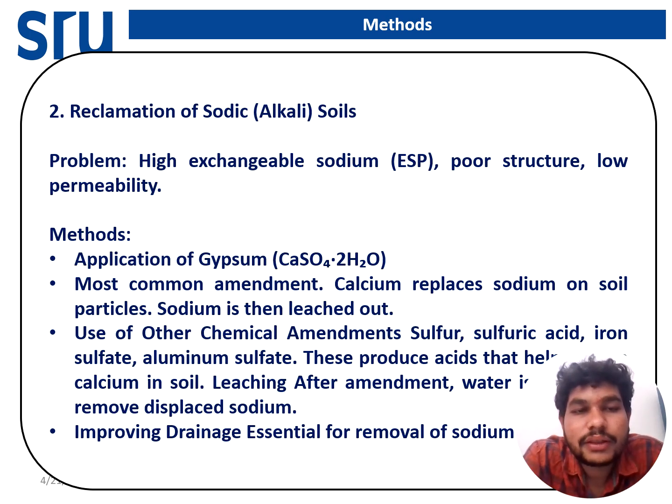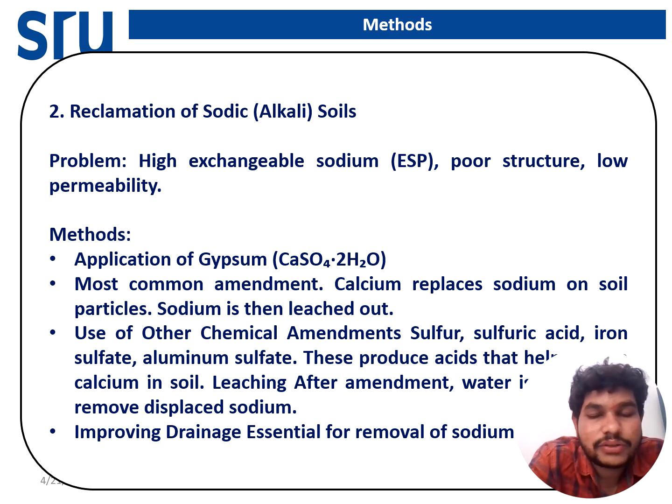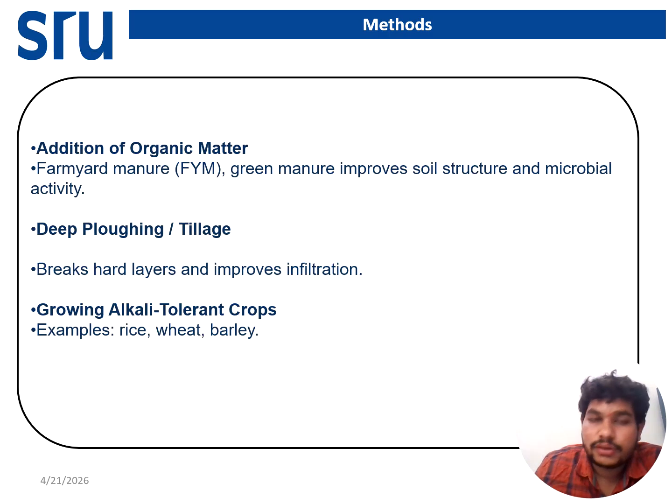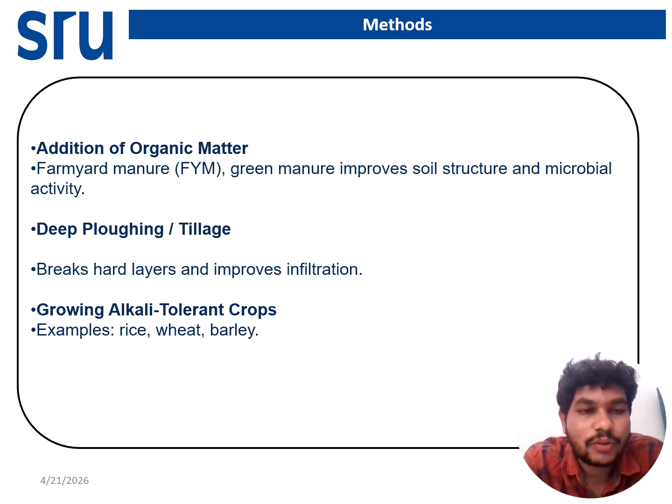Then we have done the reclamation of sodic soil by application of gypsum and other calcium containing or sulfur containing compounds. Another method we can use for sodic soil is the addition of organic matter, deep plowing tillage to improve the infiltration, and selecting alkali tolerant crops. Why add FYM or organic matter?